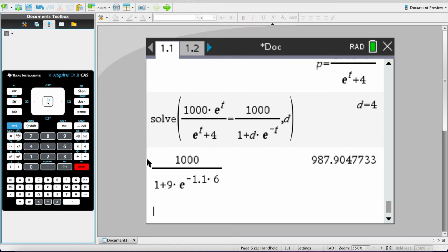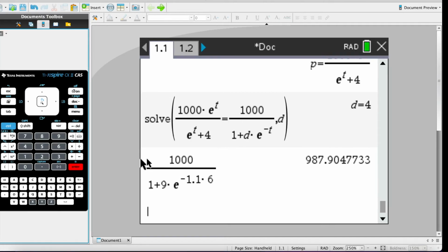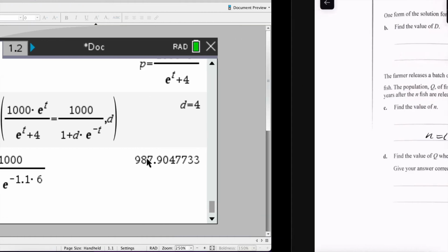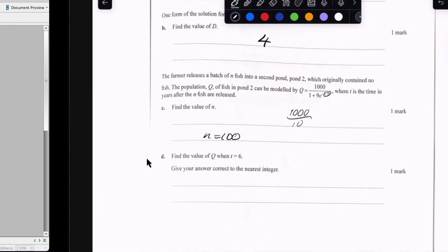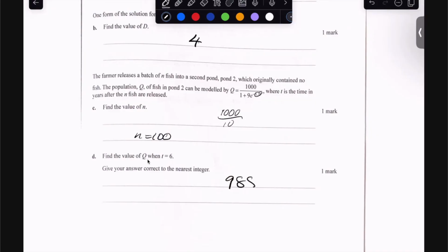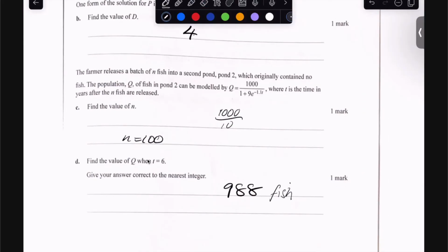It's 987.904. So 988. I think that's right. Yeah, that is 1.1. Okay.